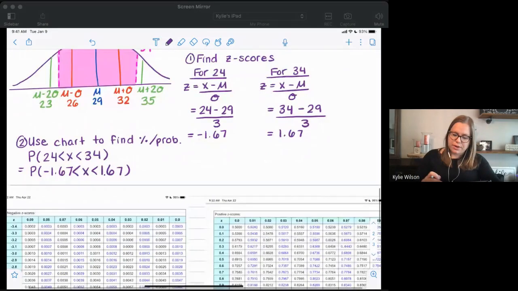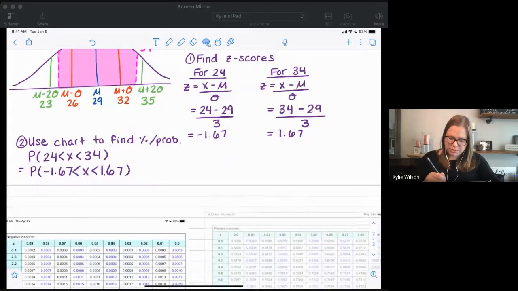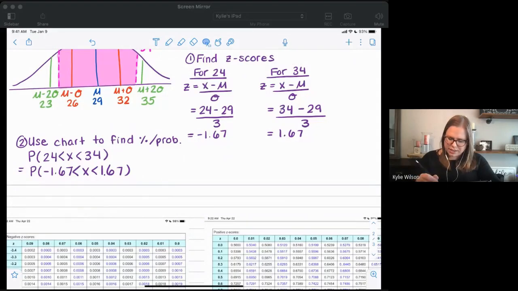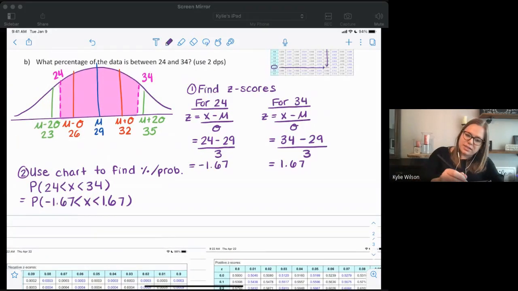Now, how do I find this for a range? On our charts, it doesn't say anything about a range. How do I find that? Now, this is where understanding what the chart means is very, very important. So when I look up negative 1.67 in the chart, what that number will give me is the percentage of points below 24.